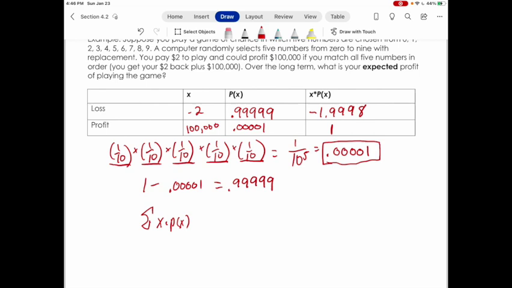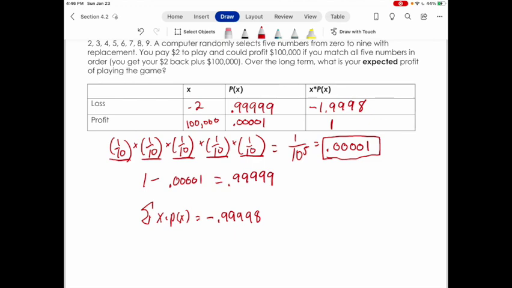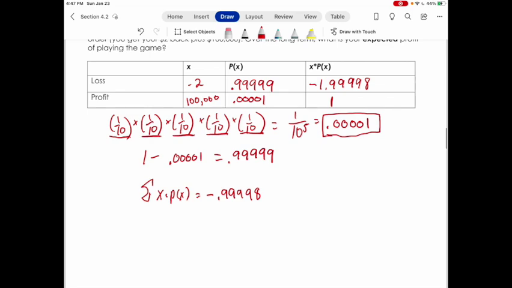So now, to find my expected value, I need to add up my products of each of the values times their corresponding probabilities. When we add those up, I get -0.99998. I feel like I missed a 9 somewhere. Let me double check. Yeah, I did. Right here, this should be 4 9s and 8.